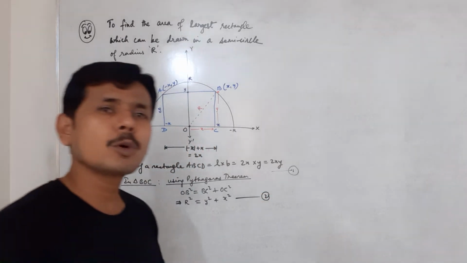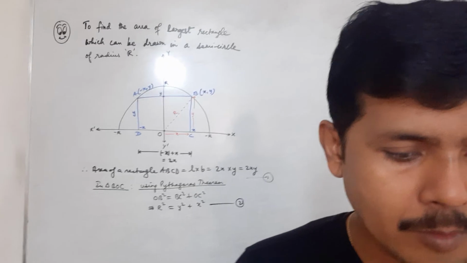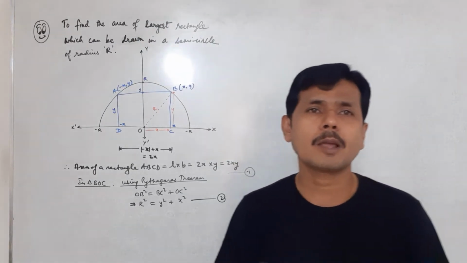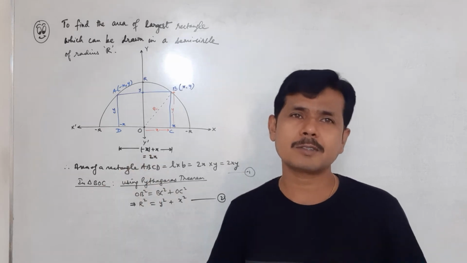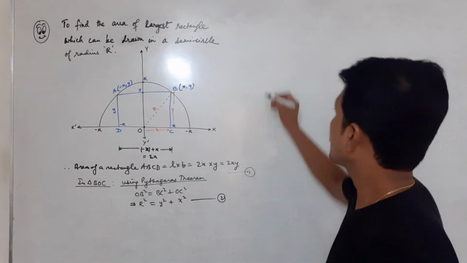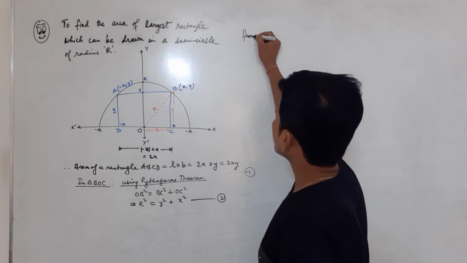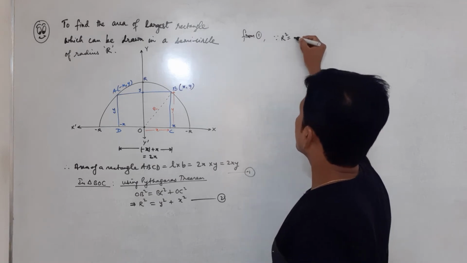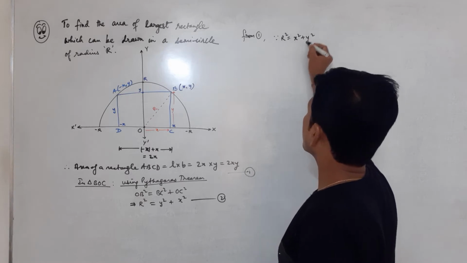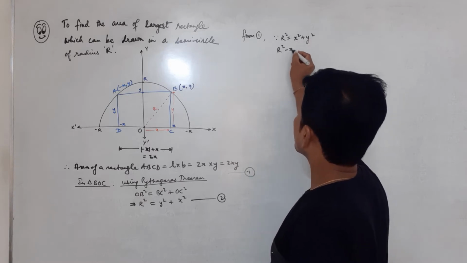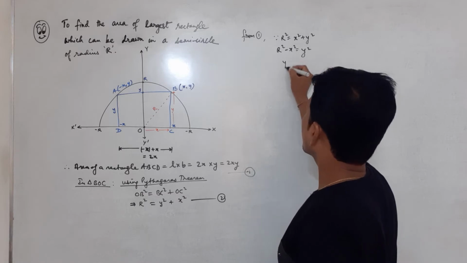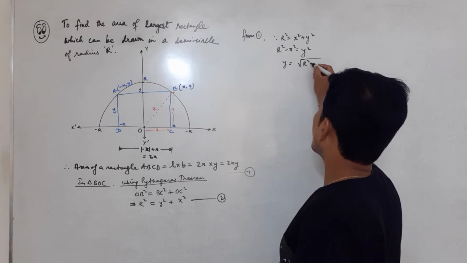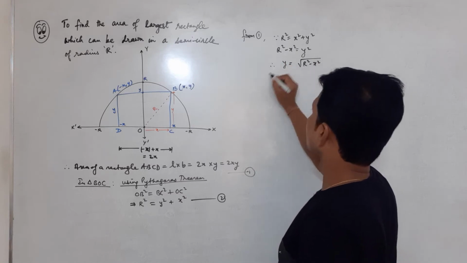Now I am going to make the subject formula for y over here. As you know that r is fixed, it's constant. Fine. So from 2, since r square equals x square plus y square, so r square minus x square equals y square, or y is equal to under root r square minus x square.